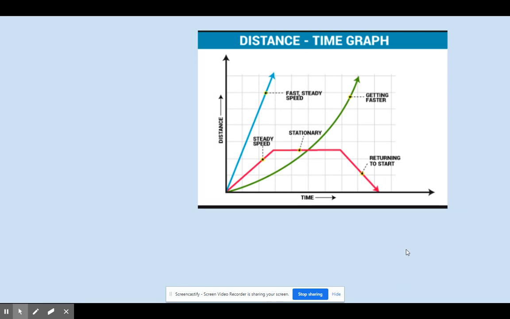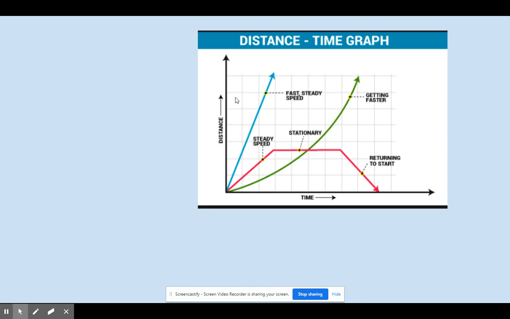First thing you need to know about a distance time graph is the labeling on the y-axis: distance. This is really important because this is the only way that you can differentiate between the distance time graph and the speed time graph. You have to look at the labeling.